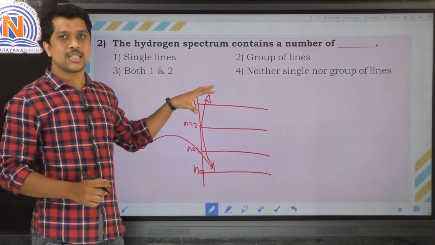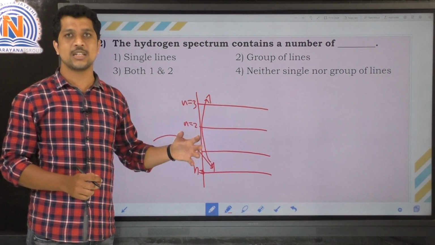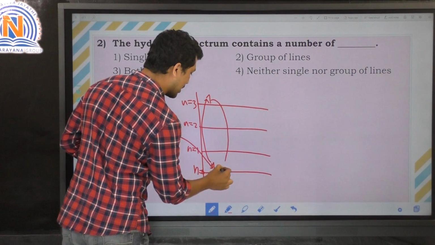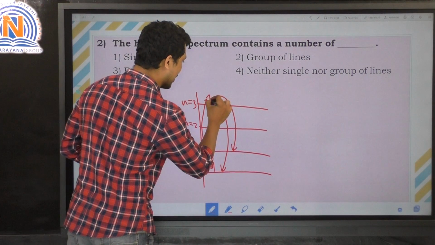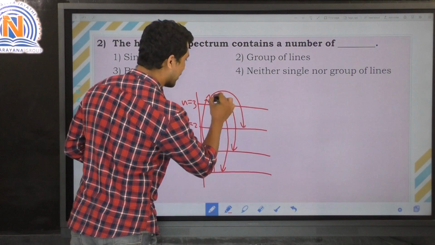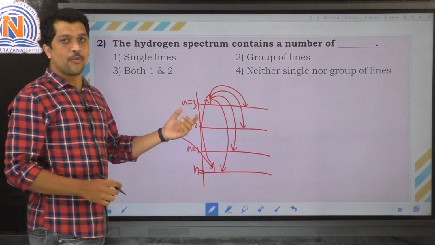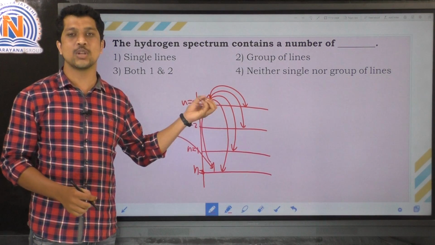At this excitation level, the electron will release its energy, lose its energy, and it may emit down to the ground state, to the first level, to the second level and third level, right? So whenever this electron emits to the different levels, it will show the spectrum.